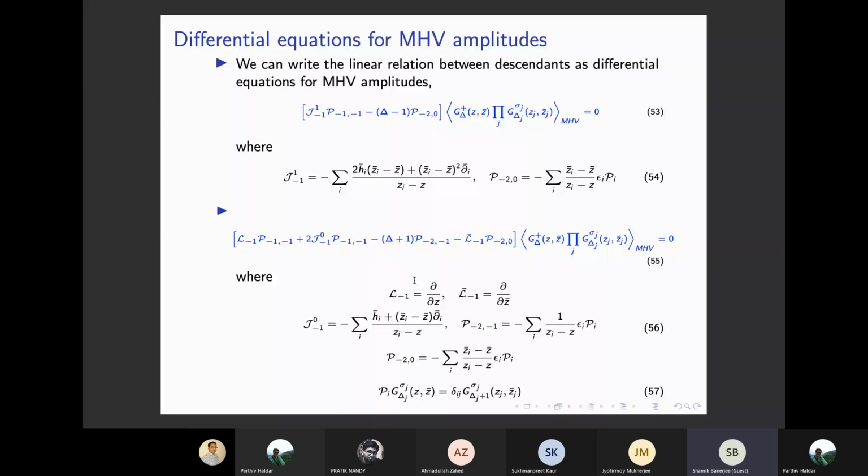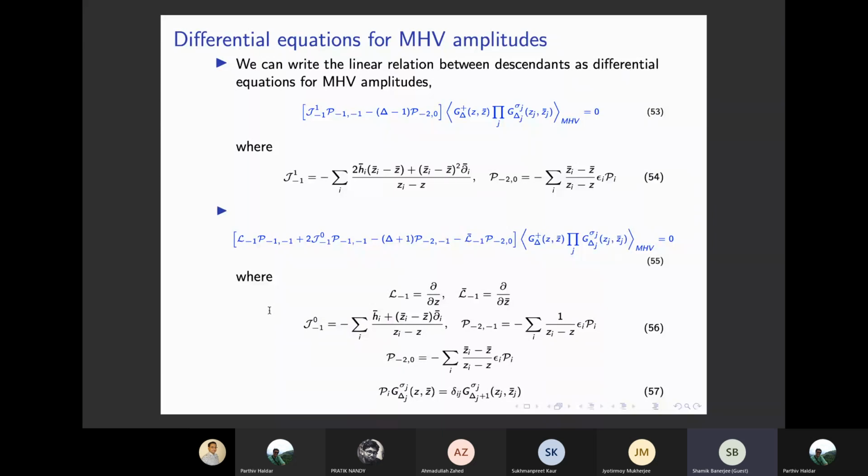And so you can see that you can get a first order partial differential equation for the MHV amplitude. These things come more or less in the standard way, but the point is that these are completely new.